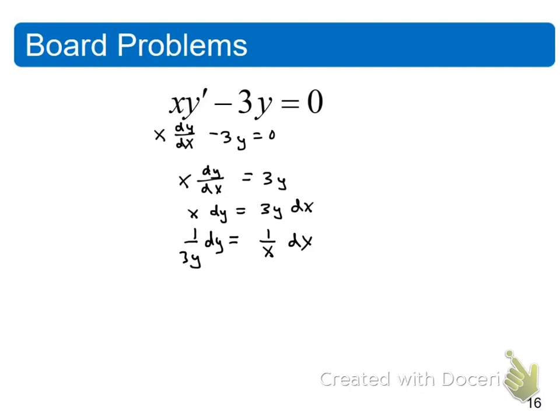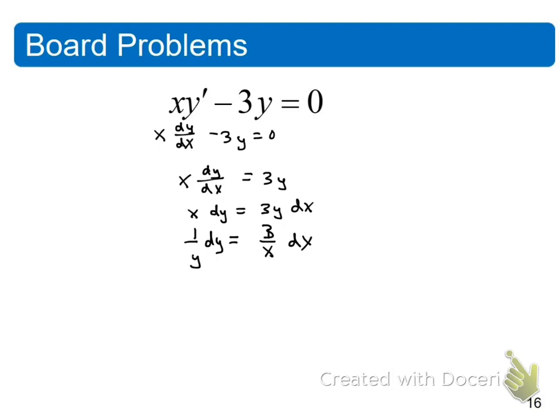Is everybody comfortable with what we did there? Now, just to make life easier at the end, we want to make y as simple as possible. So I really shouldn't even divide by 3y. I really should have just divided by y. Let's take this 3 and put it back over here. So I'm going to erase this, and rewrite it as 3 over x. Cool?